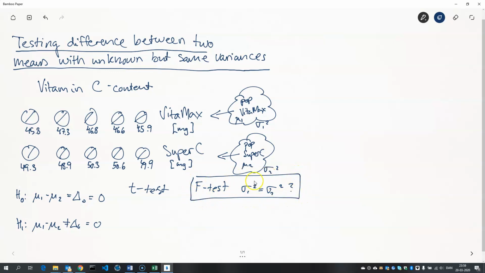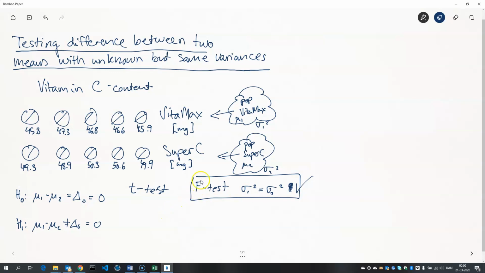As I said, we're not going to do that here, but if we did it, it would turn out that we could believe in that. So it's no question anymore. We can use an f-test to show that the two variances are the same. Of course, we can only show it at some level of significance, but for now we'll just assume that we've shown that these two variances are the same. So that's the working hypothesis for now.